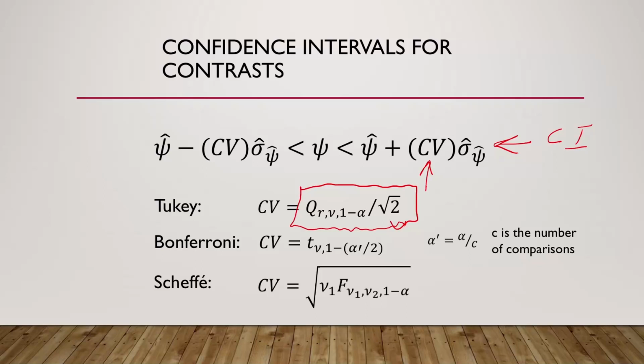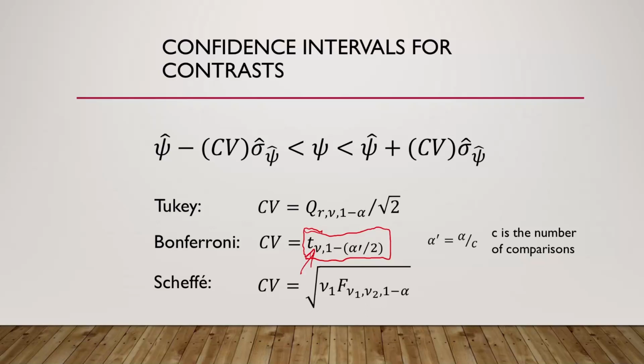when we run the Tukey. Then the next one that we have here is Bonferroni's, and Bonferroni's does have something familiar to you. That's from a T distribution. Now, what's a little bit unusual here, we have a T distribution with some degrees of freedom.